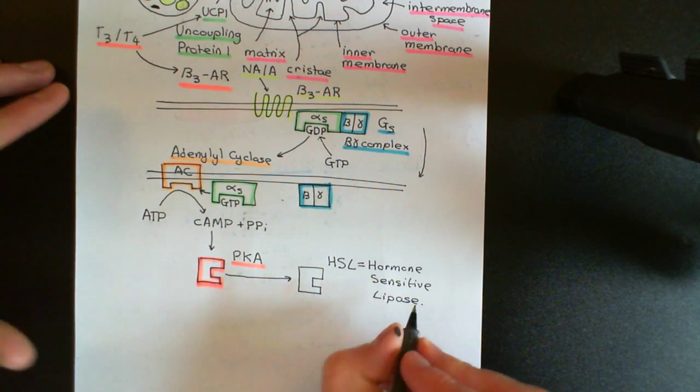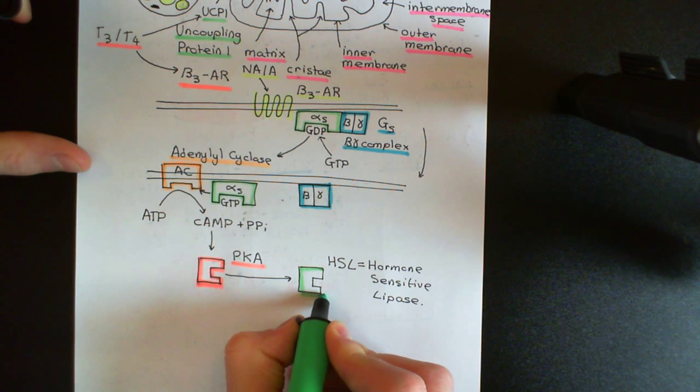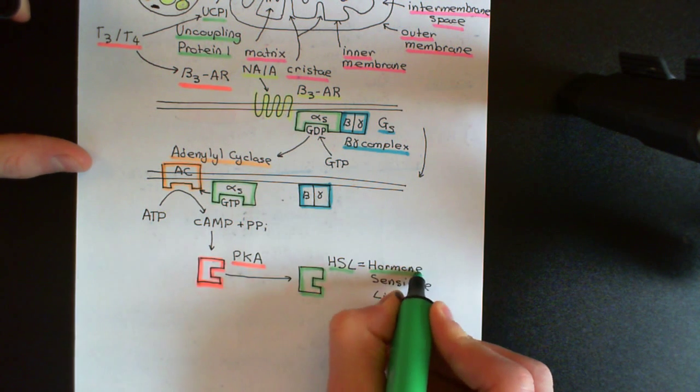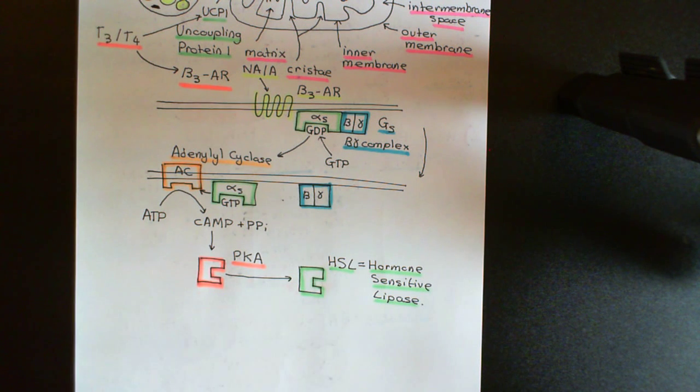Okay, so hormone-sensitive lipase. So protein kinase A will phosphorylate and activate the hormone-sensitive lipase enzyme, and this enzyme now goes to the lipid droplets inside the brown adipocyte and is going to start breaking down triacylglycerols to release free fatty acids.